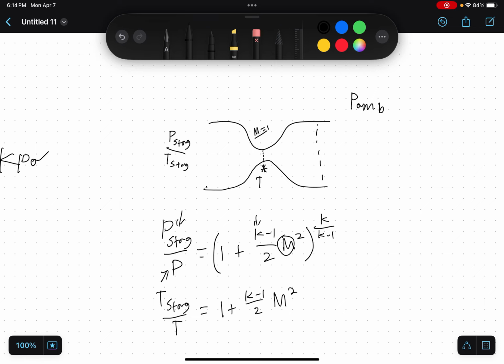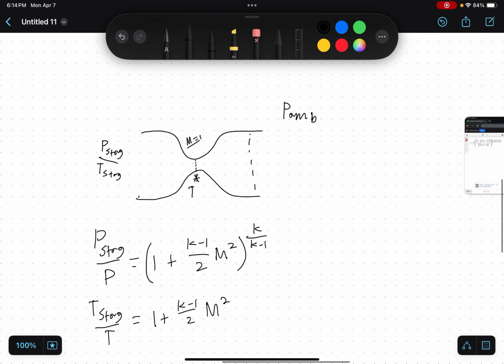Cool. So with that, you would plug in K, you'd plug in P stag, you'd plug in the pressure, and you'd solve for the Mach number. You could do the exact same thing with temperature, because you can plug this Mach number into the temperature equation and get the temperature. So now with these equations, you know the pressure, and you can calculate the temperature of the exhaust.